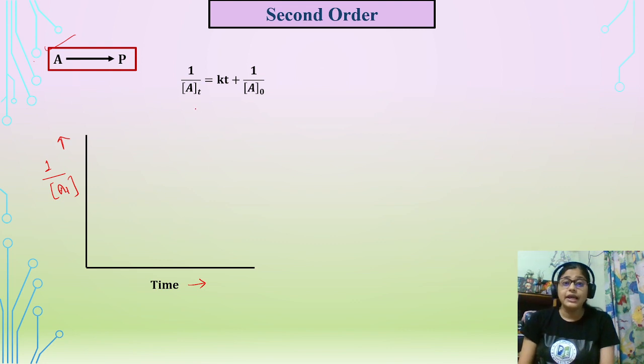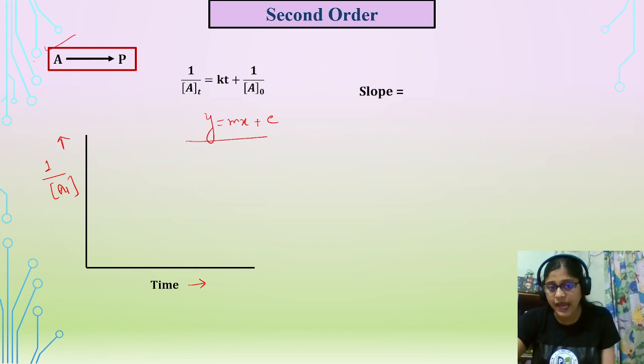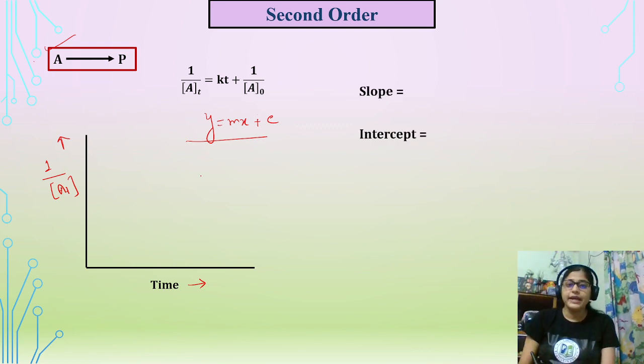So here, if we compare this with y equal to mx plus c, then it will be justified, right? Here c is the intercept and m is the slope. The slope will be equal to k, and the intercept will be equal to 1 by A0.